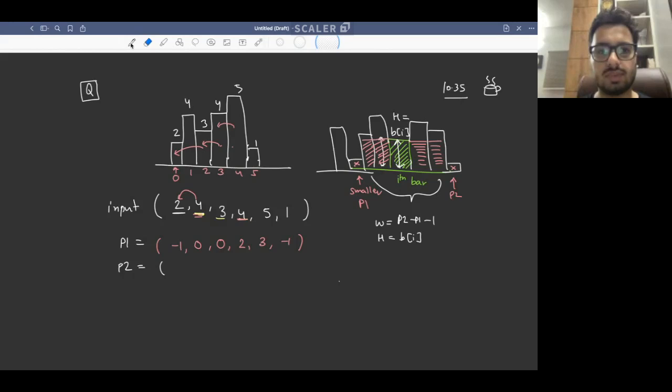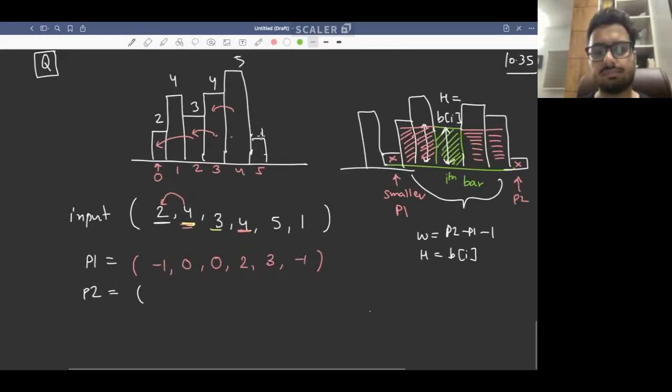P2. I need to give indices. So P2 means at what index I see something that is smaller than 1. I don't have any such index. So I will simply put 6 because I want to take a difference.